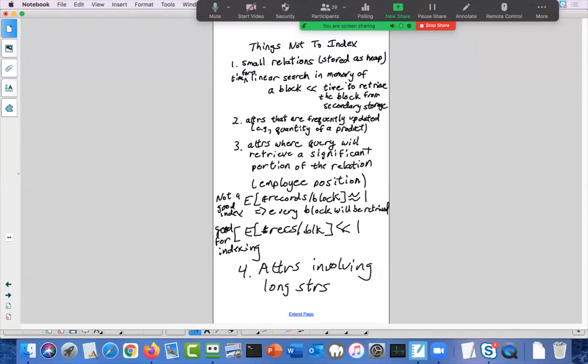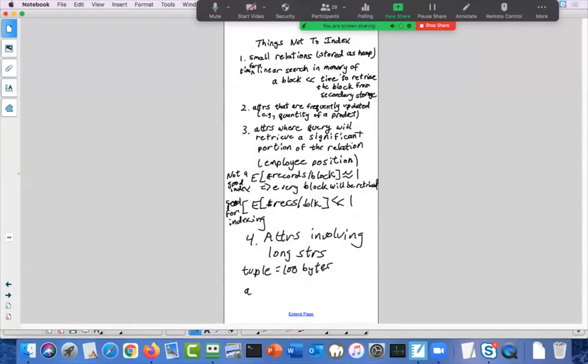So for example, if I have a tuple that's 100 bytes and one attribute that takes up 75 bytes, I probably don't want to index it, because if I index it, I'm going to be storing the underlying relation a second time. So I'm effectively doubling the storage of my relation.